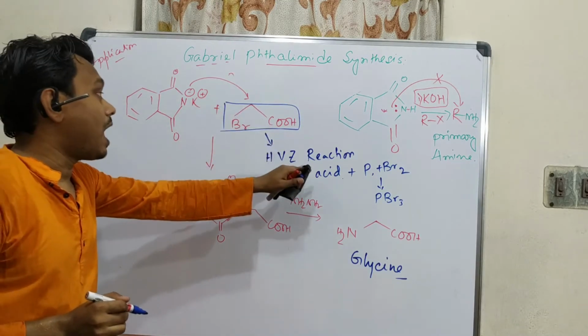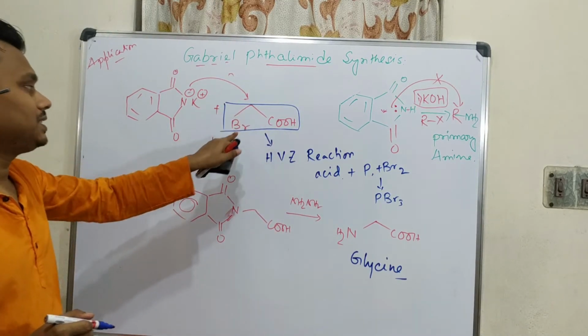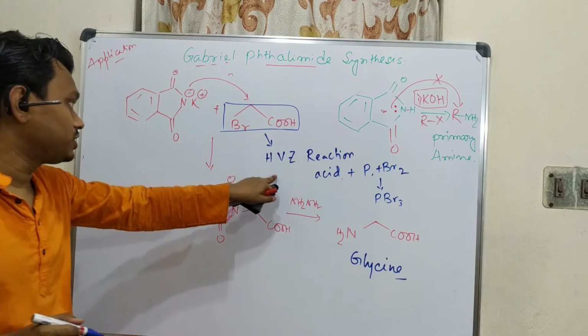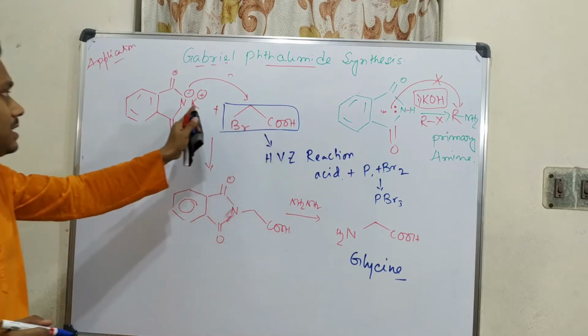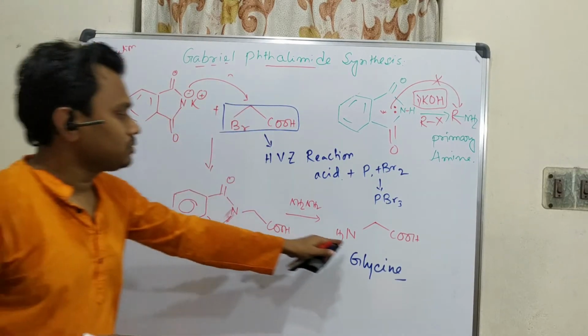So how could this amino acid be made from acetic acid by halogenation using the HVZ reaction? This will produce this alpha bromo acetic acid, and this will react with this to produce this.